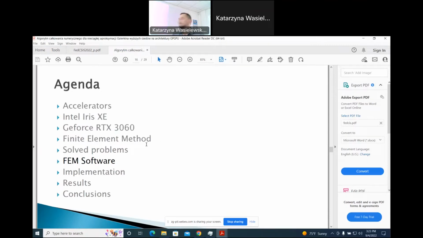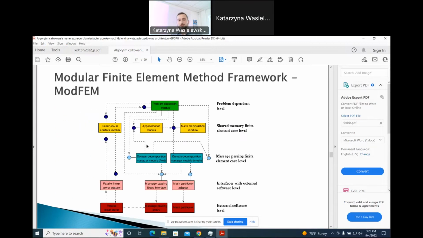We also used the modular finite element method framework as a primary tool. Its main advantage is that it's modular, so we can change the parameters in every module. We change the parameters for the global dependent module and the approximation module.